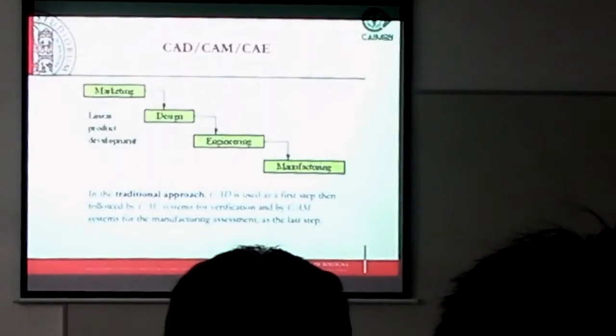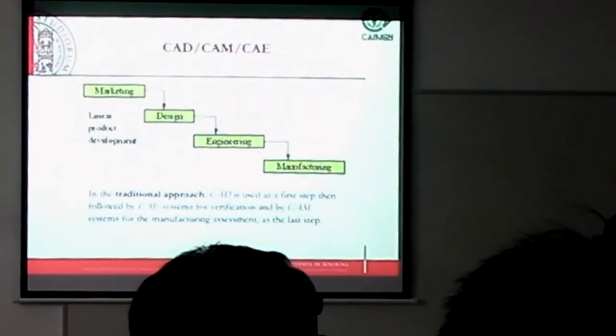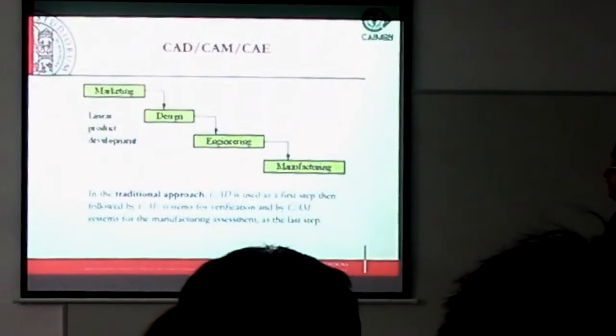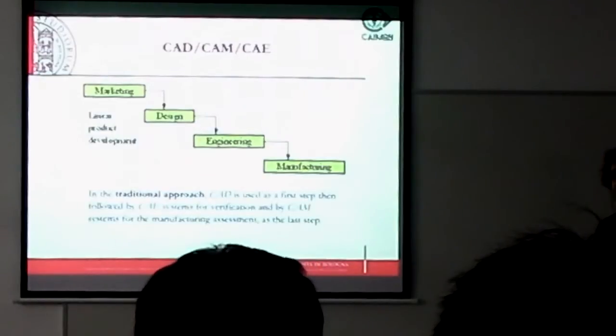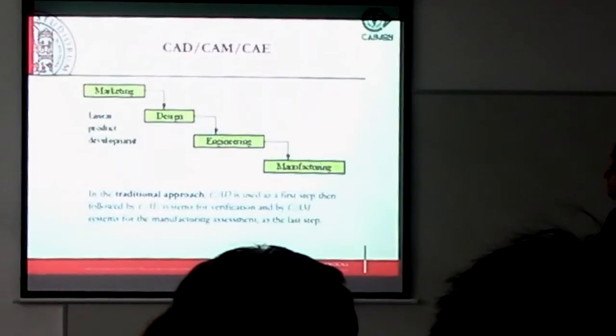So, the traditional, I must say probably old approach to product development is a linear one. It's not necessary to discuss this approach because each phase has to be completed before the following phase can be implemented. So designers act as the first player, engineers act as the second player.